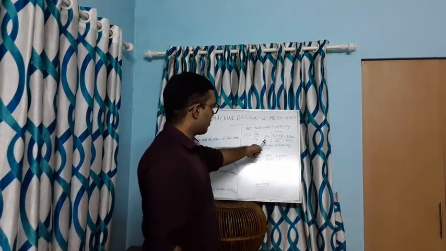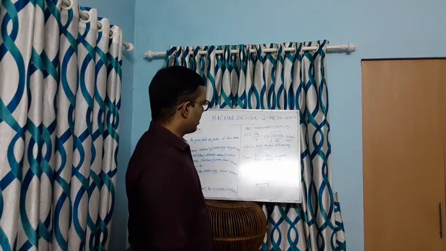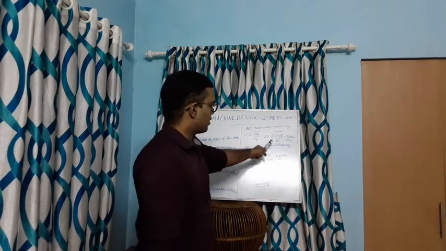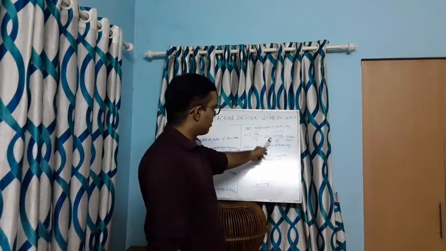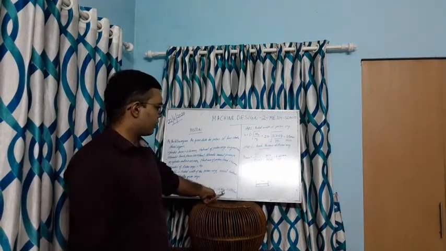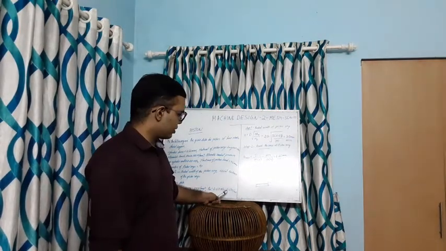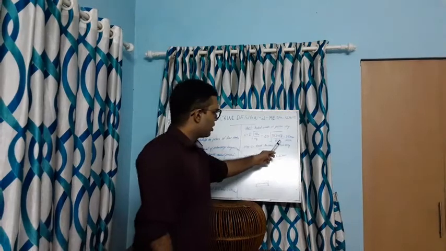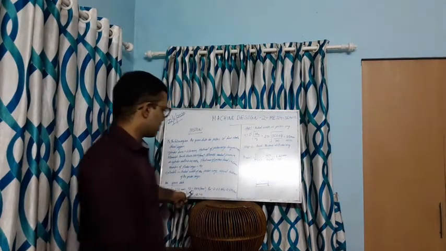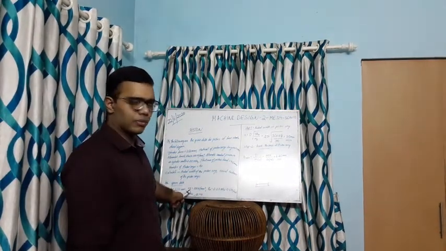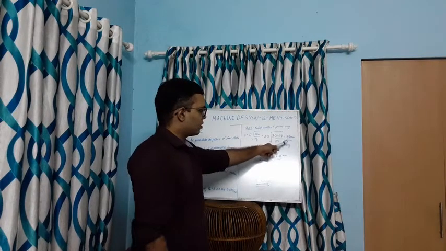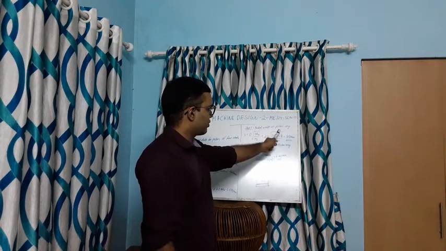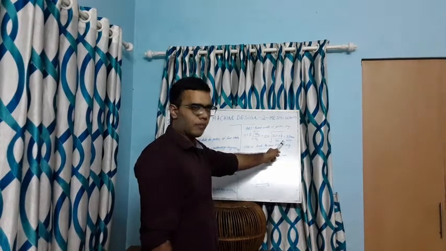We substitute the values: D is 250, PW is 0.03 Newton per mm square, divided by sigma T, the tensile strength, 100 Newton per mm square. Substituting these values, we get the radial width of the piston ring as 7.5 mm.